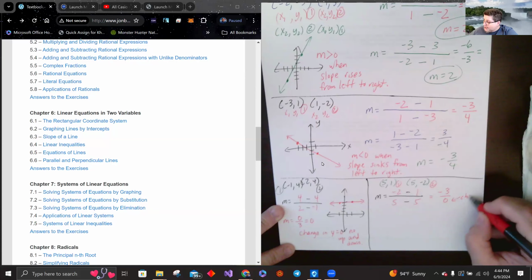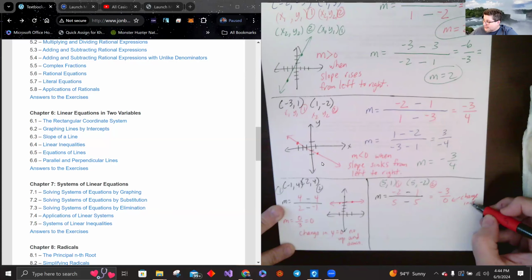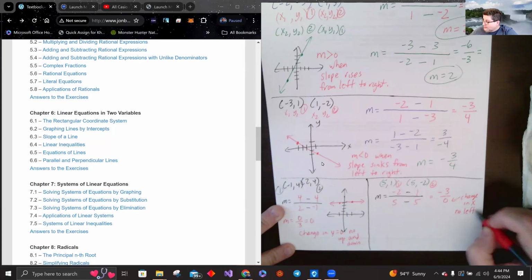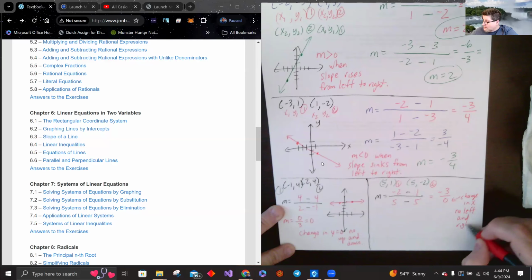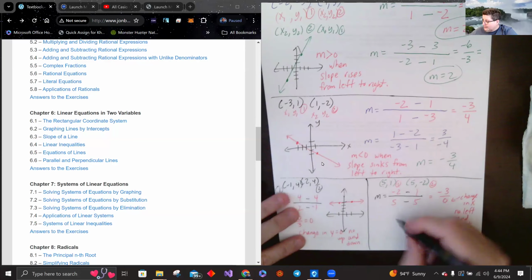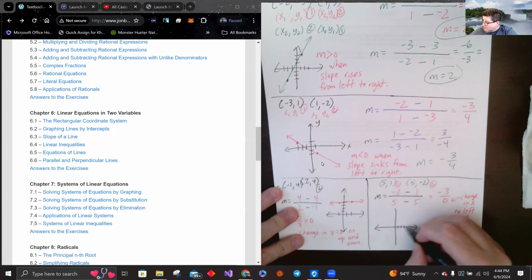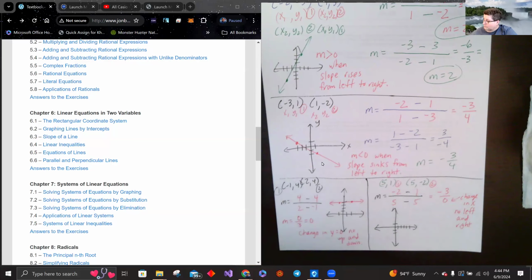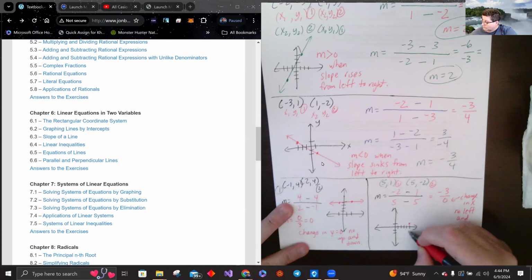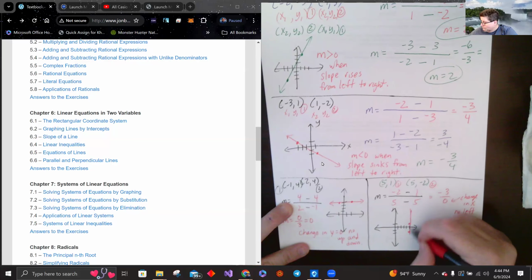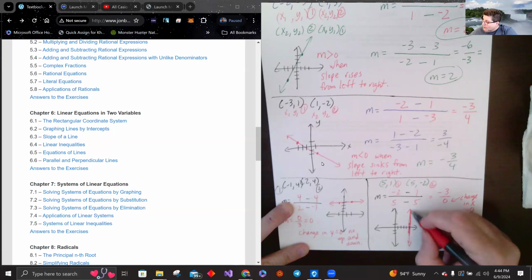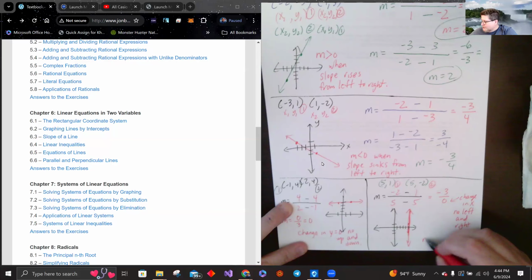This is my change in X. There is no change in X left and right. You'll see when we graph that, this makes a vertical line. When there's a 0 on the bottom, we say the slope is undefined.